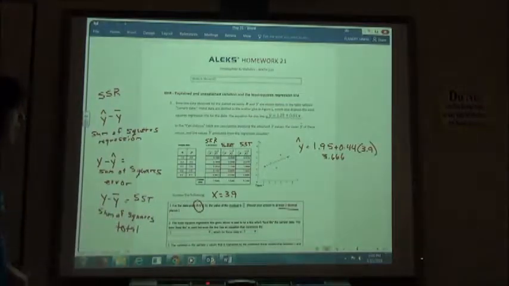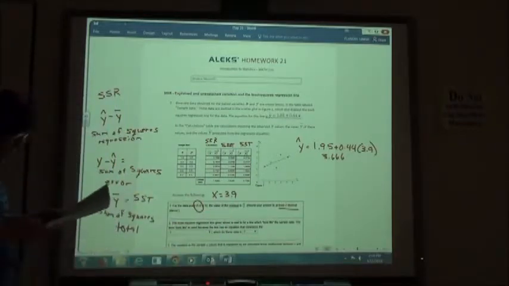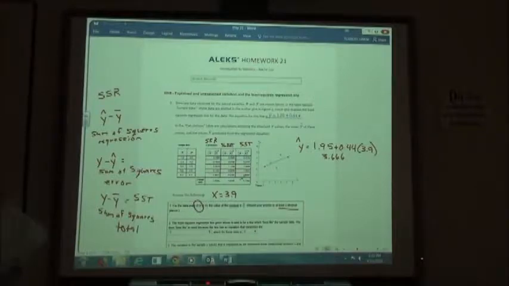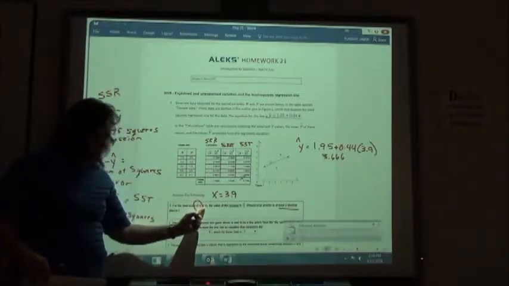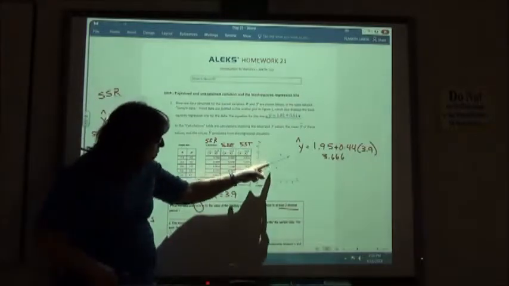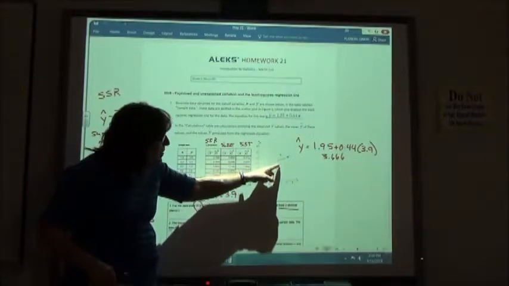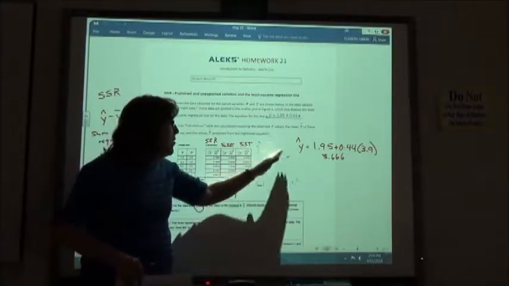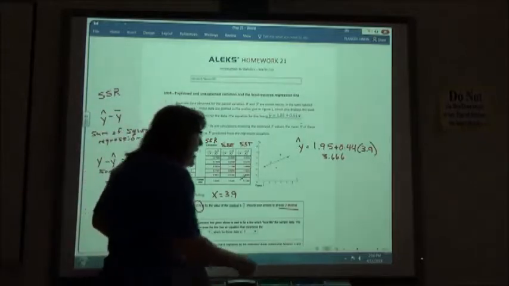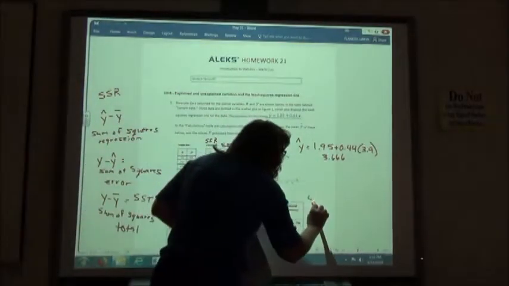So now on this one, after I get that number, I have to find what the residual value is. So now what I'm going to do is take the value that they said was going to be the x value and find what the difference is between those. So what I'm really doing is trying to find the difference between the point where it would be on my line and the point that would be in my graph. So I'm going to say that in my original data point, I had 4.5.